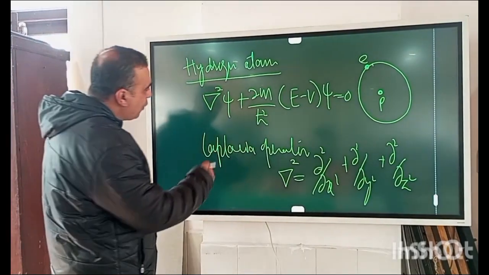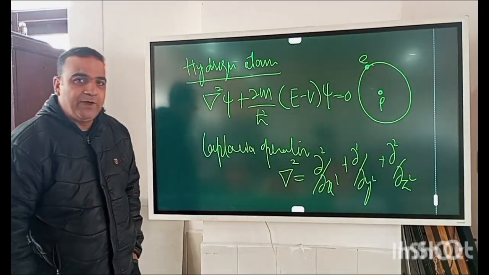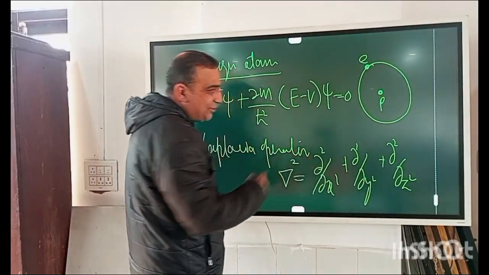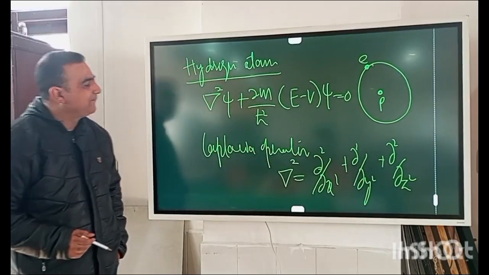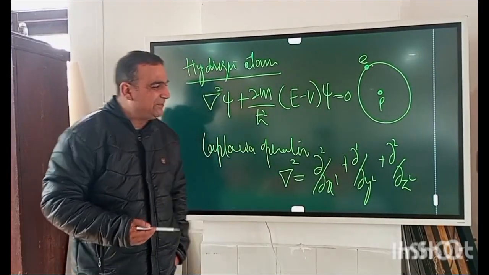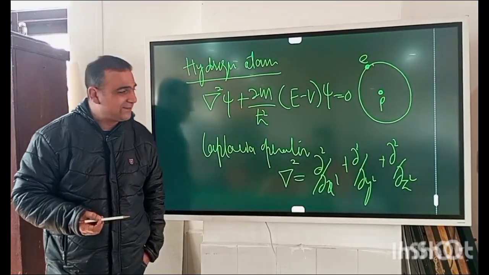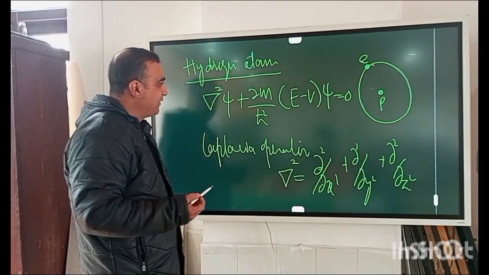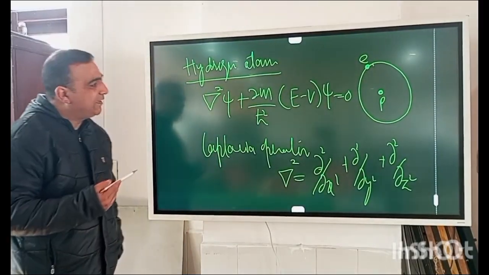And if we try to solve Schrodinger's wave equation for hydrogen atom, taking into consideration the Cartesian coordinates x, y, z, it mathematically becomes very cumbersome. It becomes extremely laborious. It's not that you cannot achieve the results, but that's going to take a lot of labor.